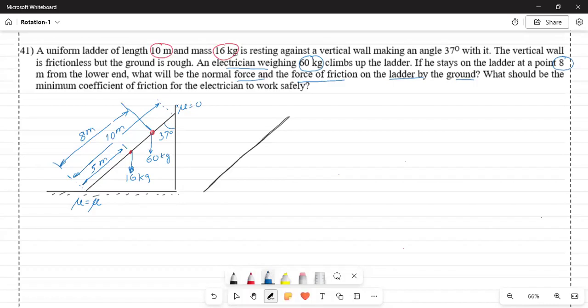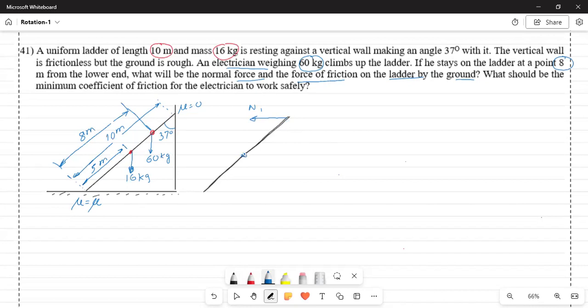This vertical wall will apply a normal force in this direction. Let us say this force is N1. And this is 37 degree, we know.